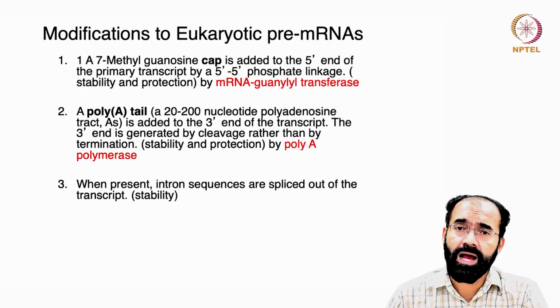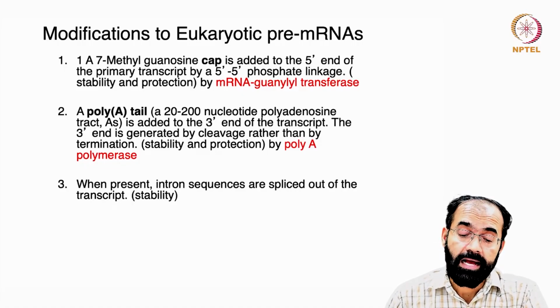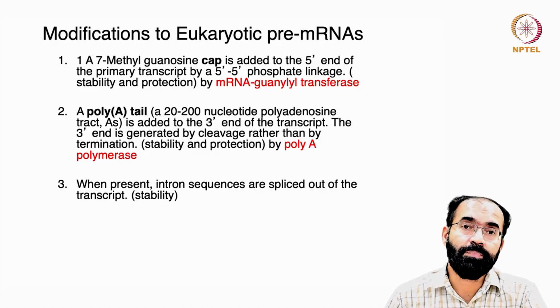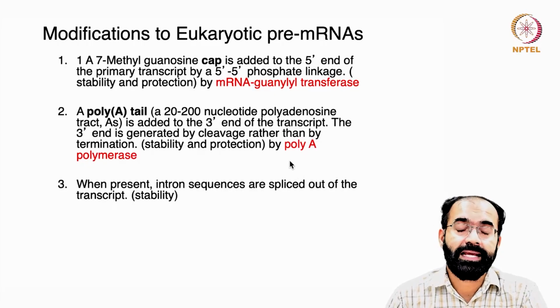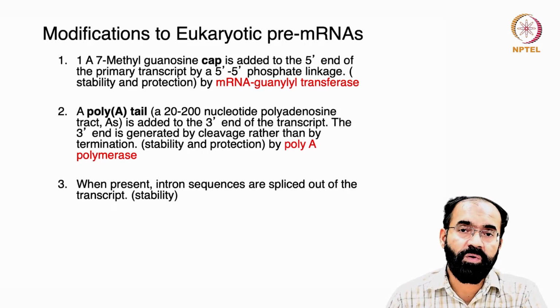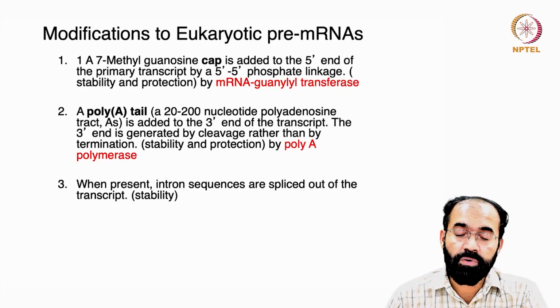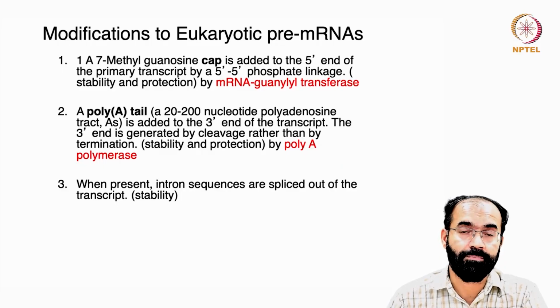Soon after the poly A signal, the nucleases will cut it, and as soon as the RNA is released, an enzyme called poly A polymerase, just like guanylyl transferase, keeps adding A and A and A in a template independent manner. So far we know RNA transcription requires a DNA template, but poly A polymerase, a polymerase meaning an enzyme that is able to polymerize something.